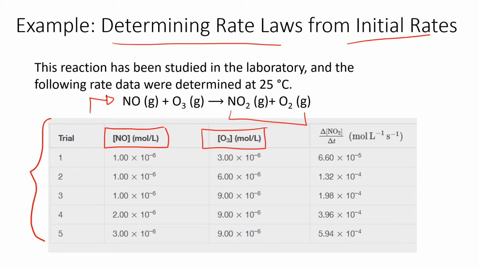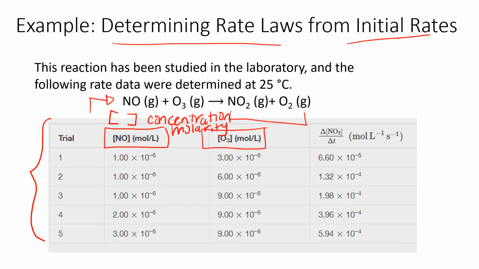Now, what is this thing in the brackets? Anytime you have brackets in this class, in Chem 2, that means concentration, or molarity. Those are synonyms for each other. Now, why are they synonyms? Remember in this previous chapter about colligative properties where we learned about different concentration units? Molarity is one of those concentration units.